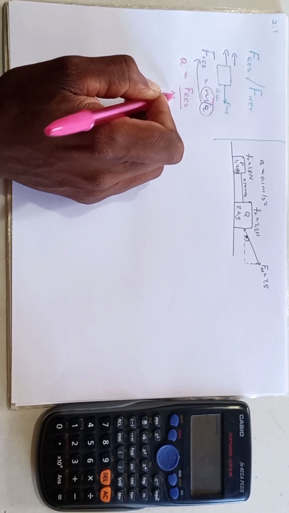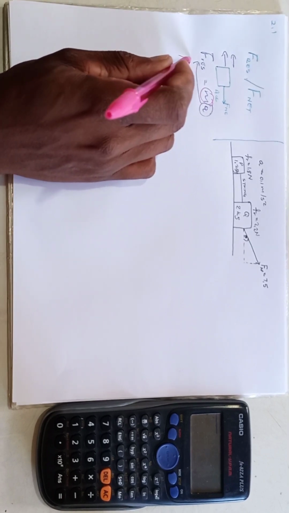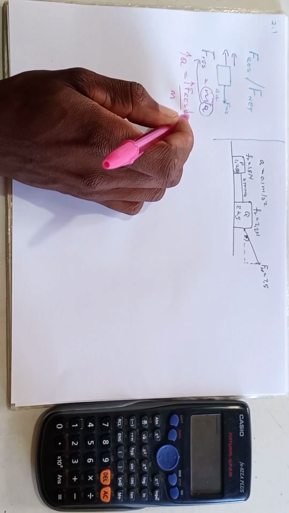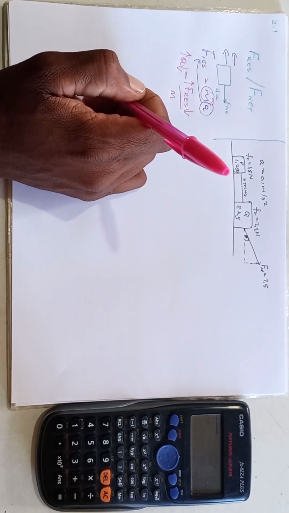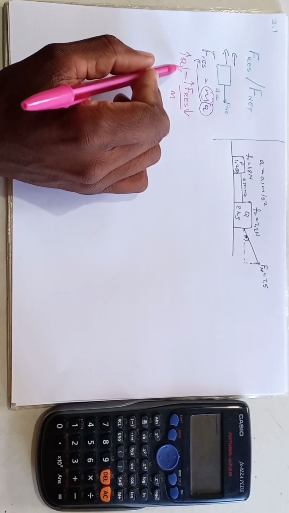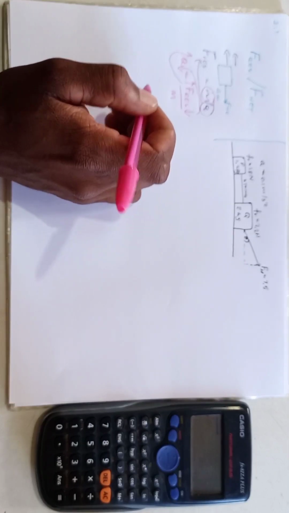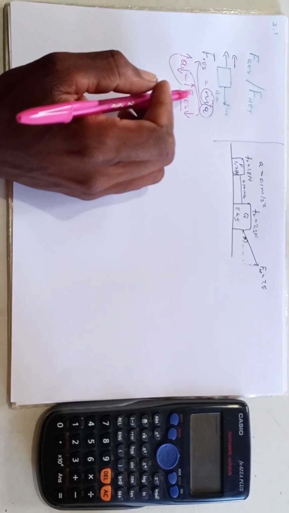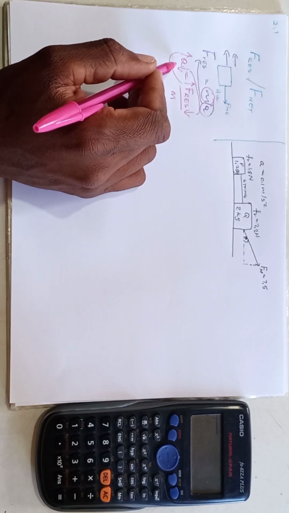So what will happen if we increase the resultant force? The acceleration will increase. If we decrease the resultant force, our acceleration will decrease. So you see the relationship. It's directly proportional. Our force is directly proportional to acceleration.